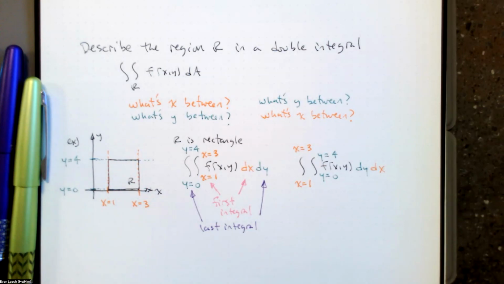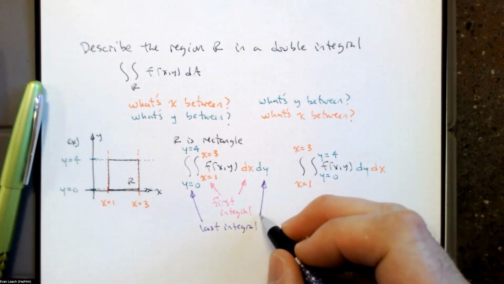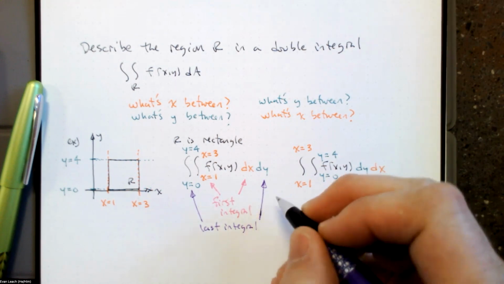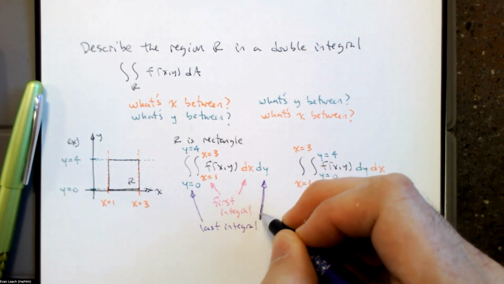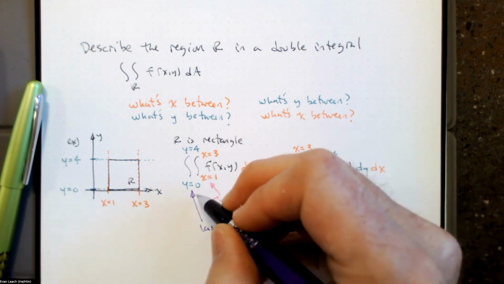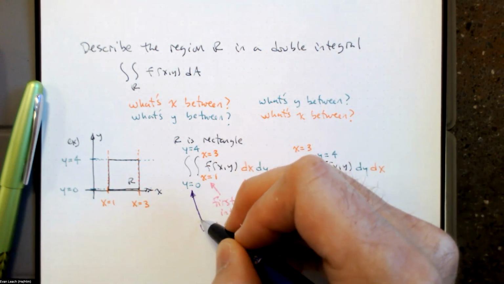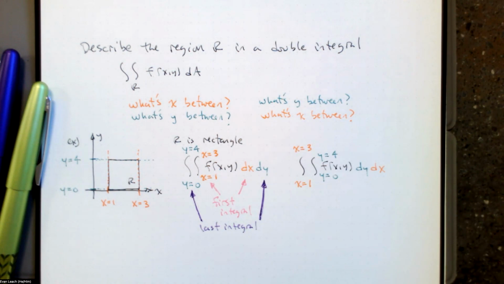So when I write dx dy, dx is our first integral, dy is our last integral. I know it's weird to call one first, and when there's only two of them, call the second one last, but eventually there's going to be more than two, so that's why.